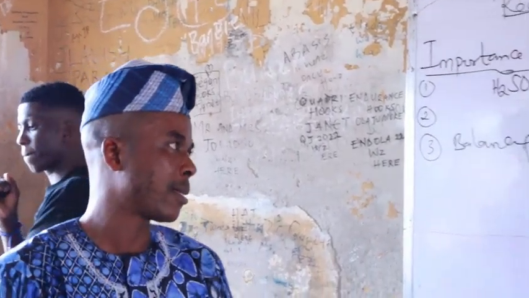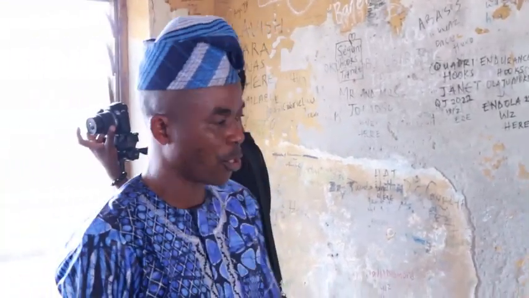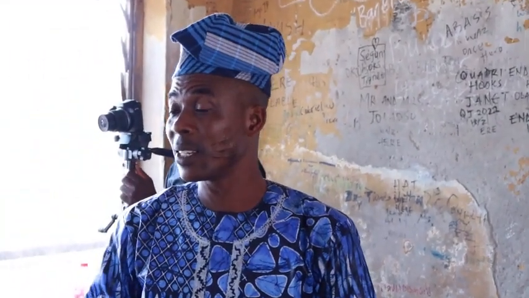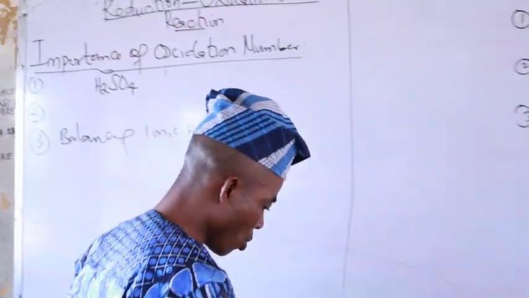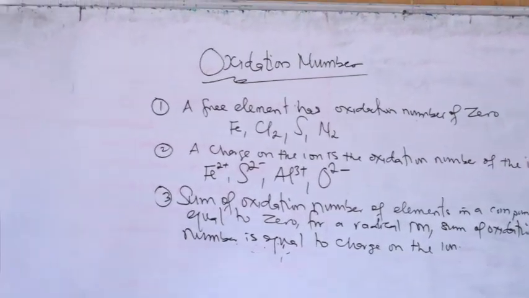Now let's look at how we can calculate the oxidation number of elements in a given compound. So let's look at these questions together.